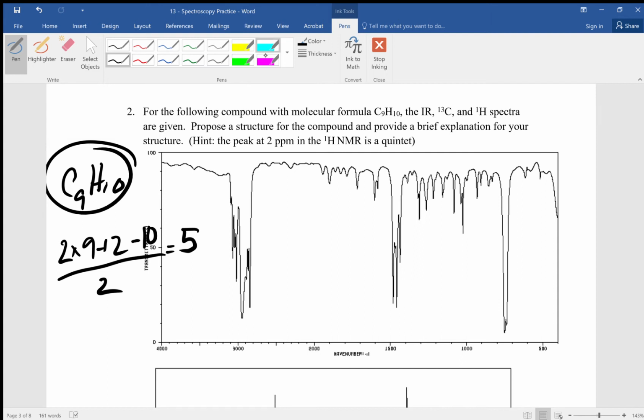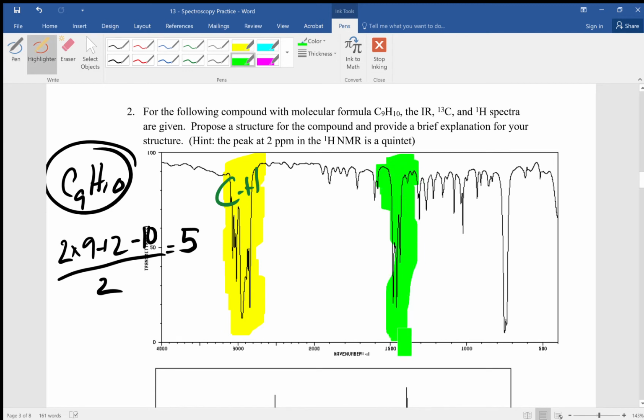The other thing is that the IR is pretty boring, to be honest. We have this big cluster of peaks around 3,000. We know that represents our CH bonds. And everything else is in the fingerprint region.